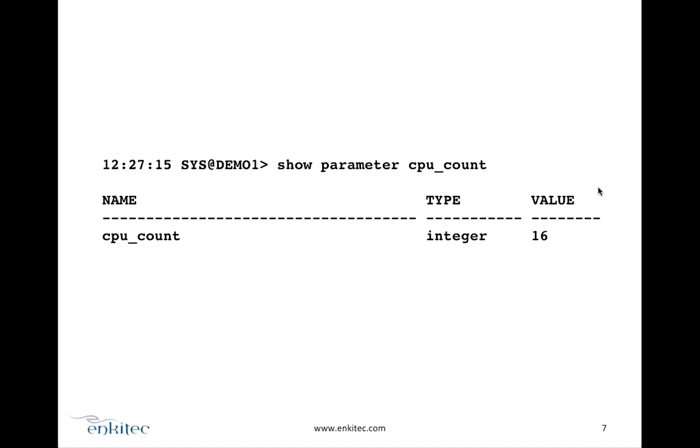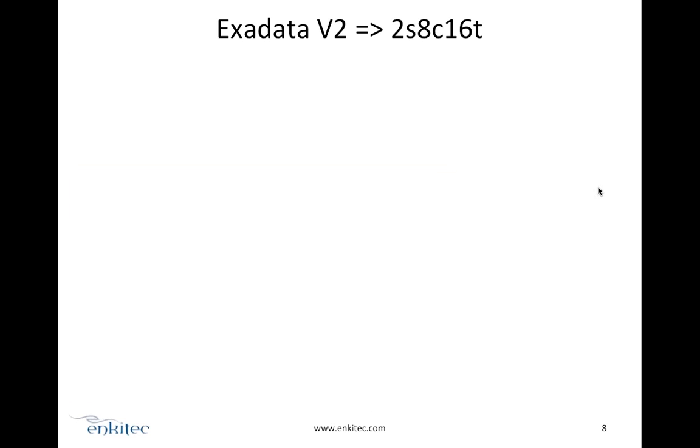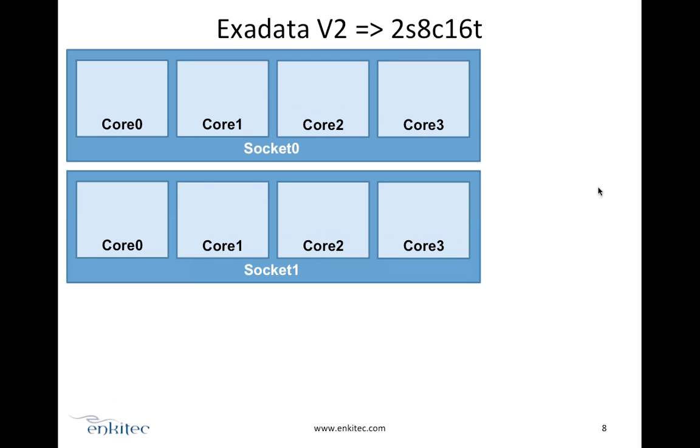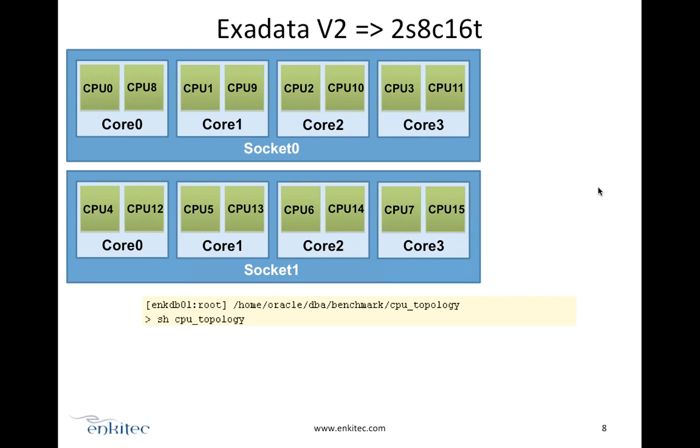So let's dive a little bit deeper into the CPU architecture of Exadata version 2. It's 2 sockets, 8 cores, 16 threads. 2 sockets means it has 2 physical sockets. This is just one machine view of the Exadata version 2. If it says 8 cores, then each socket has 4 cores, which totals 8 cores.